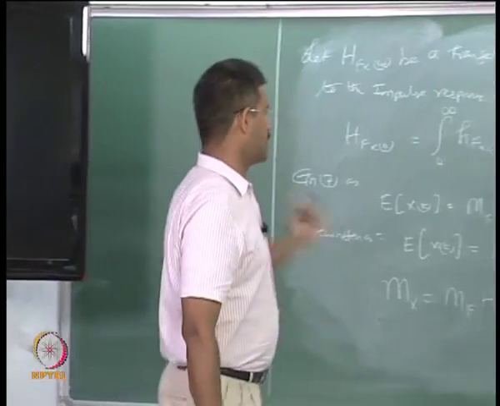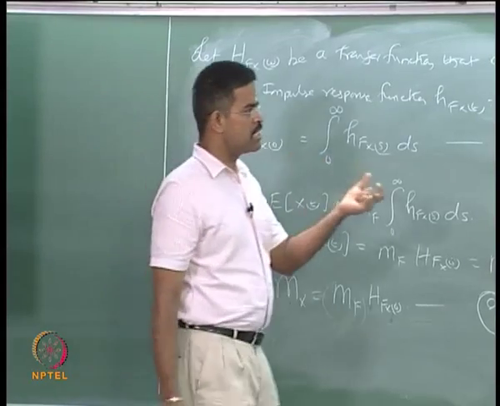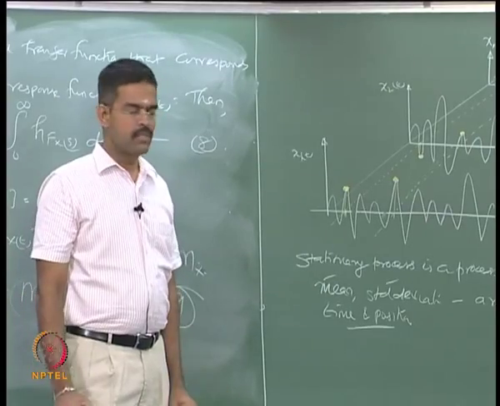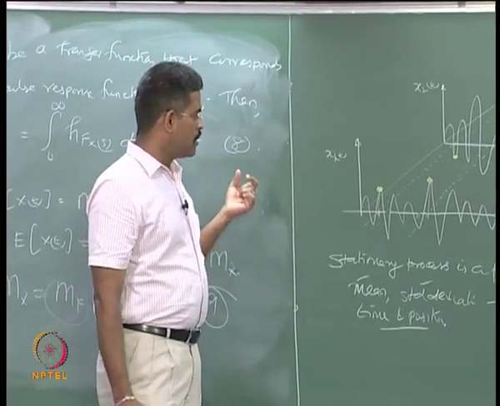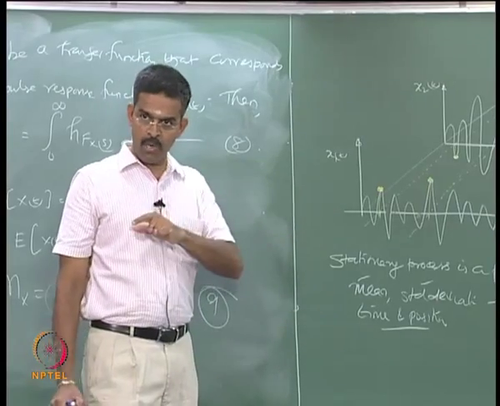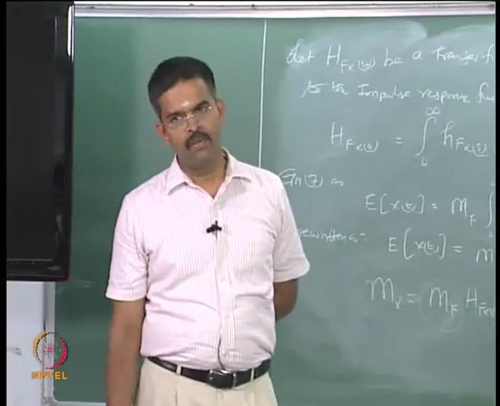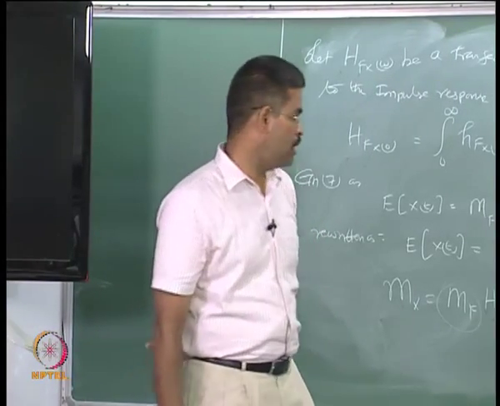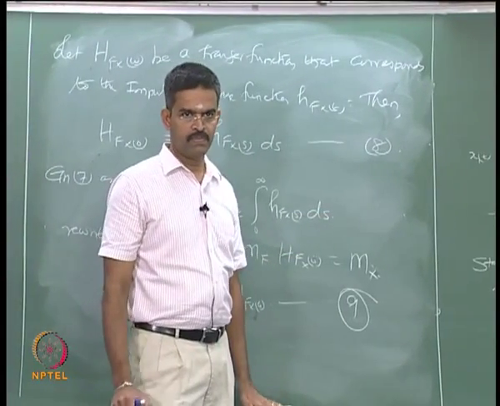We picked up that if a process is said to be stationary, the load acting on the system, then there exists strong connectivity between the load acting on the system and the response given by the system. I can easily find this mapping using what I call an impulse response function or a transfer function.